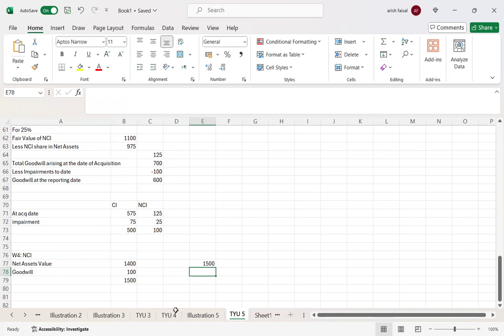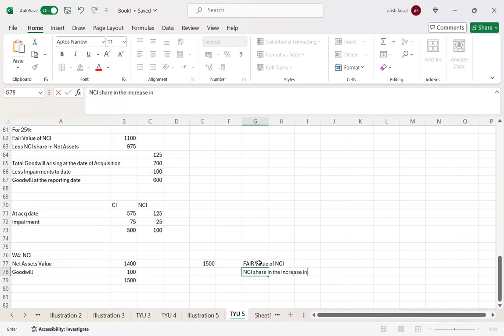Okay. So I'll just repeat this one. You can start from the fair value of the NCI, right? And then you add the NCI share in the increase in net assets from the date of acquisition to the date of reporting. And lastly, you can deduct the impairments.